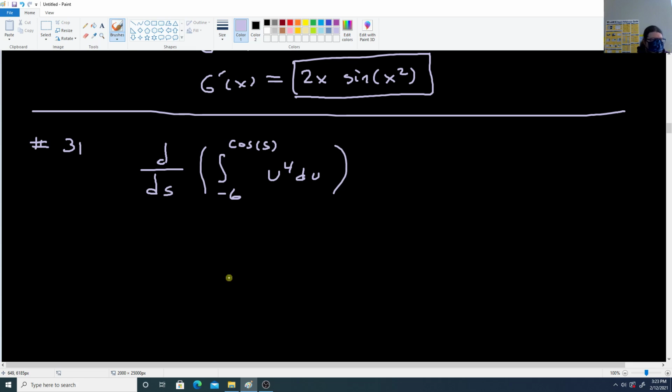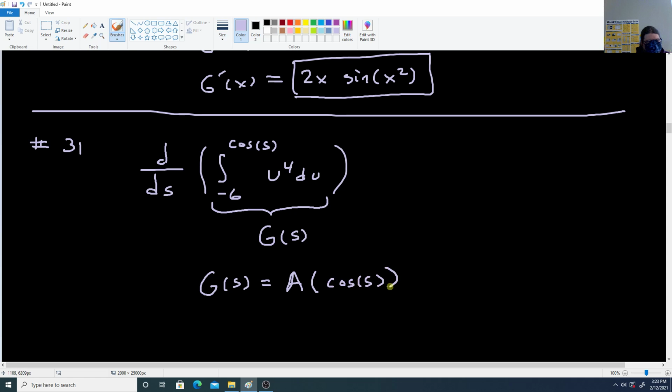Okay, so this right here, if we call this g of x, is closely related to an area function. Sorry, our variable is s this time, not x, so we could call this g of s. So g of s would equal the area function evaluated at cosine of s.